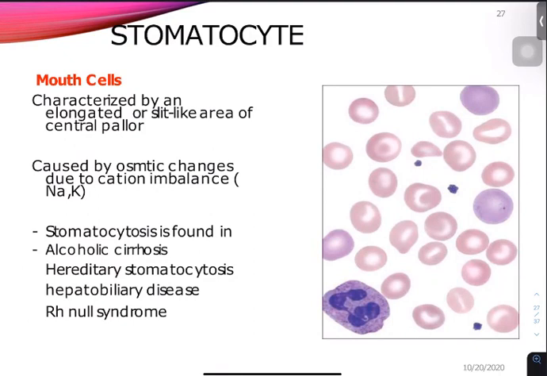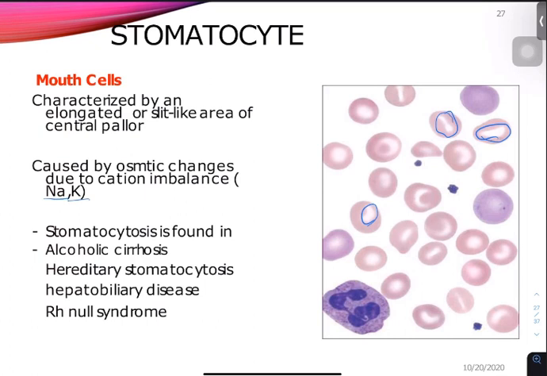Next is your stomatocyte or your mouth cells. Okay? Bakit mouth? Mukha po siyang may bibig. Mukhang bibig yung gitna niya. Okay, yung central pallor niya looks like a mouth. Kaya, mouth cell. Okay, anong defect niyan? Usually due to the cation imbalance of your sodium and potassium.